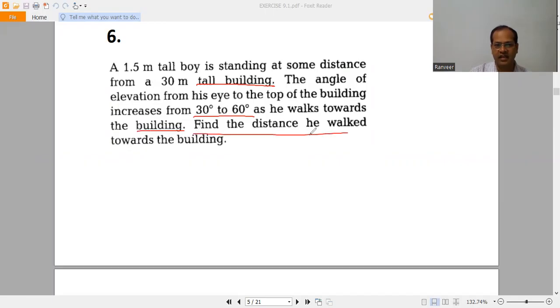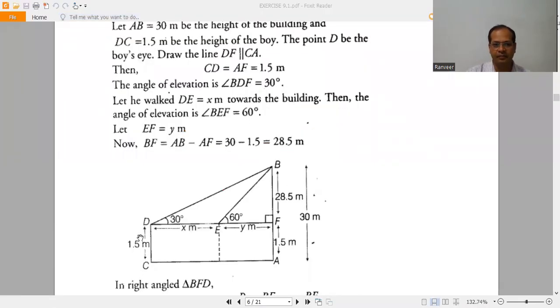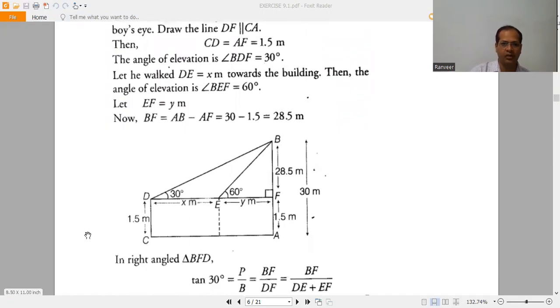Find the distance he walked towards the building. Now, according to the given question, this is the diagram where the boy is standing, and this is the building, and this is the 1.5 meter tall boy. So this is the height of the boy, and this is the height of the building.